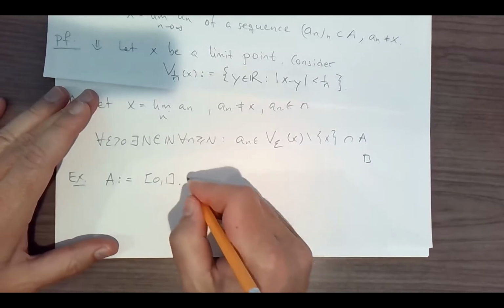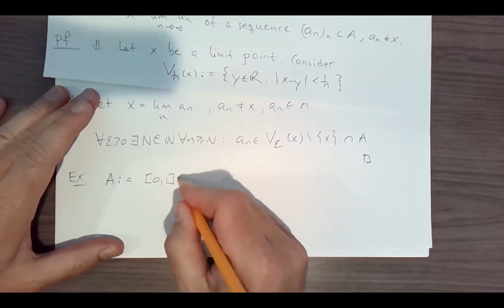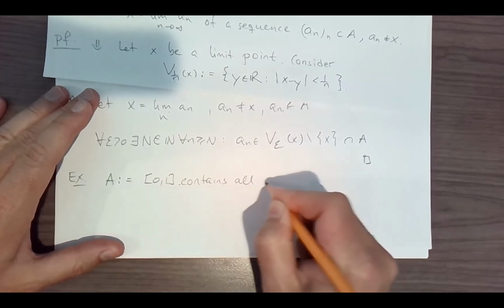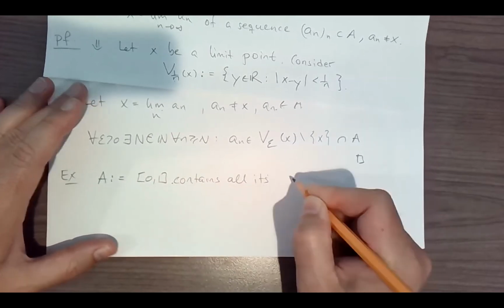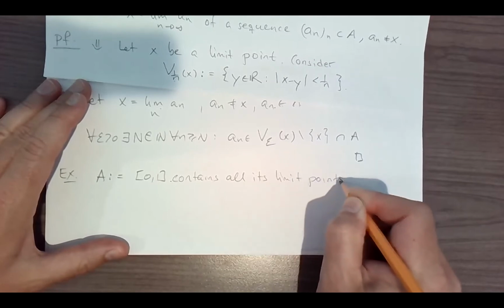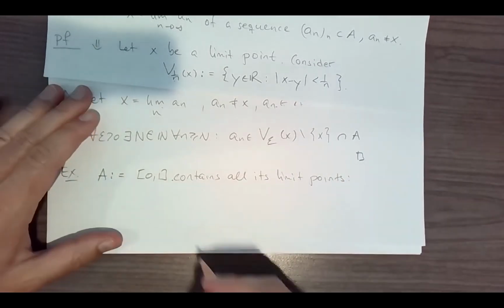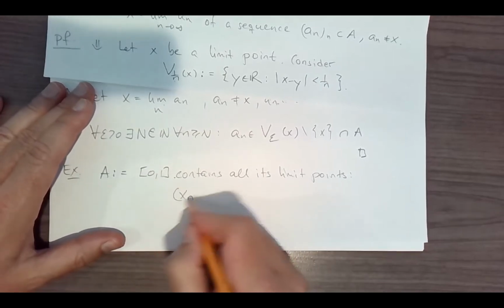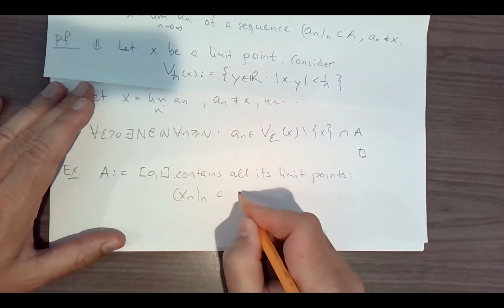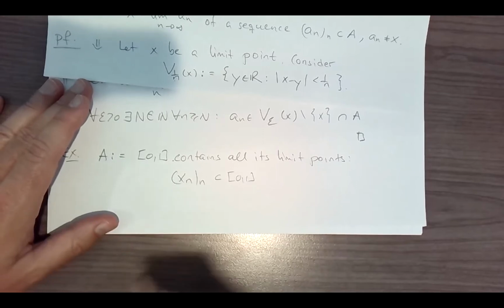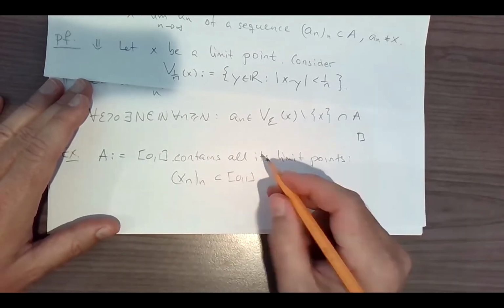The claim here is that this one contains all its limit points. Right, because what I do is I take a sequence xn inside the interval 0 to 1, and let it converge.